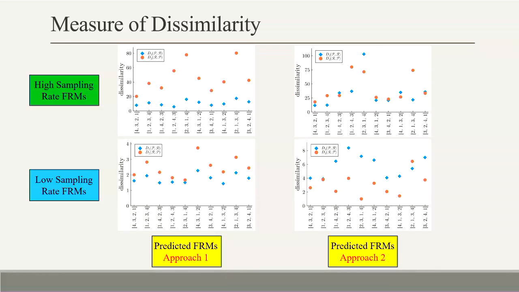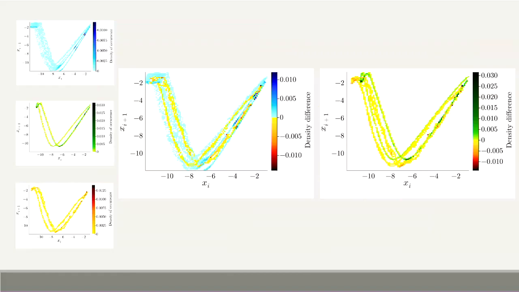And if I put the dissimilarity measure to compare this one, again, comparing any of my predictions with the high sampling rate one is much higher than the low sampling rate one. Even when I say I made a good prediction from the high sampling rate version, there is a shift on the left-hand side of the first return map diagram.